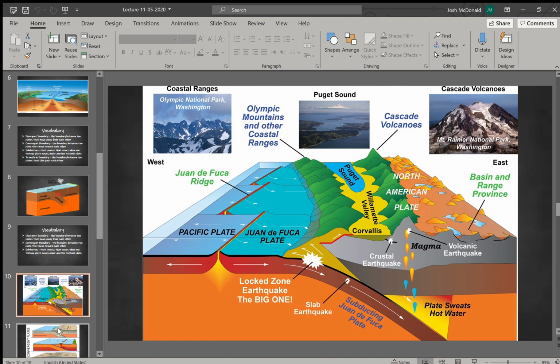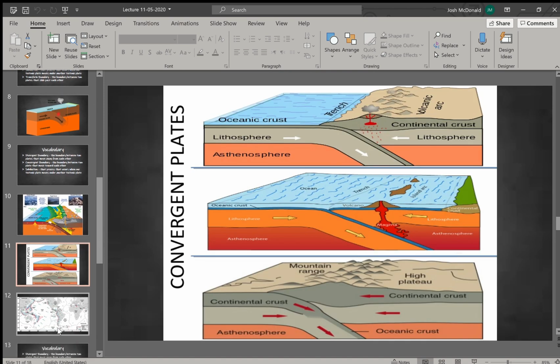And then there are a few different types of convergent plates, subduction zones. You have here oceanic crust coming underneath continental crust. You have oceanic crust coming underneath more continental crust, or more oceanic crust. And here, the volcanoes that formed actually become volcanic islands.